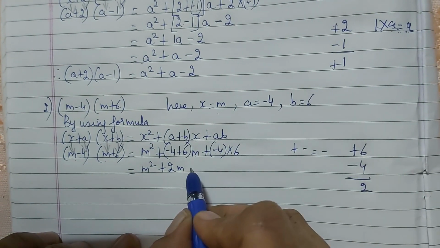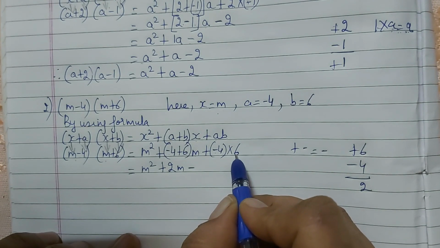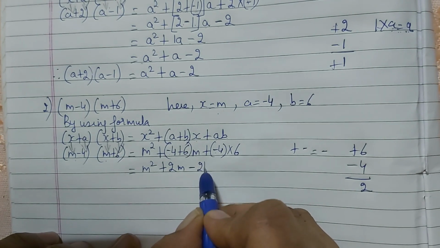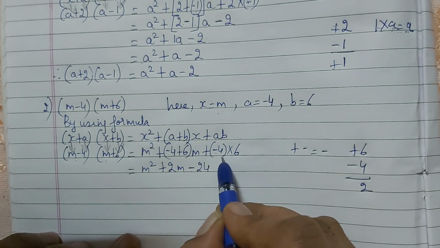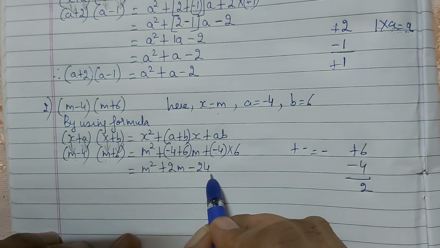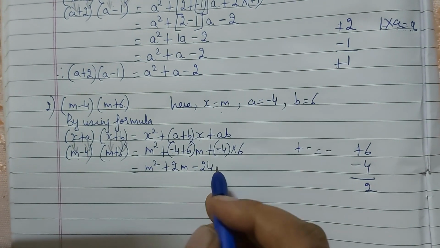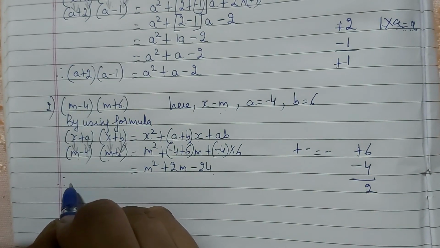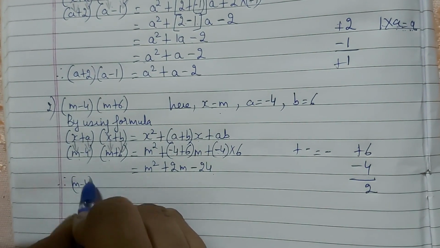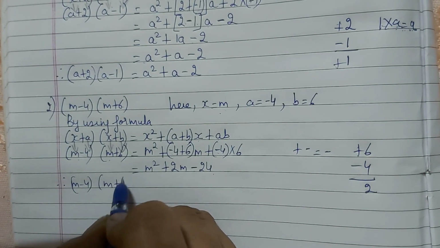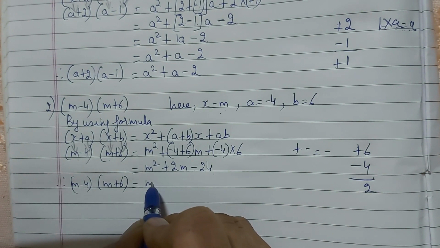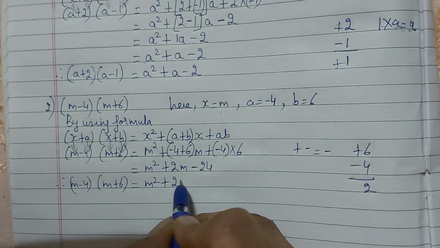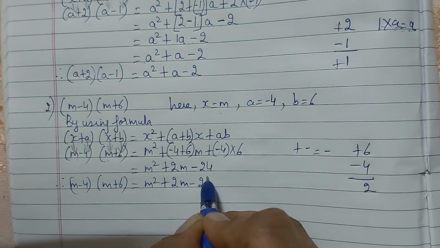Minus. 4 multiplied by 6 is 24. So this is our final answer. Therefore, (m minus 4) into (m plus 6) is equal to m square plus 2m minus 24.